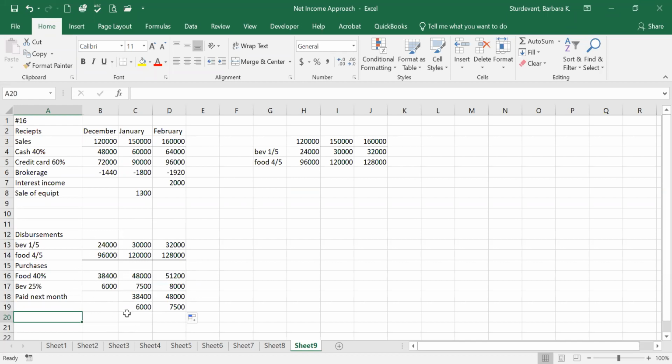Is there any questions on all this piece right here? Everybody see how it's being split?